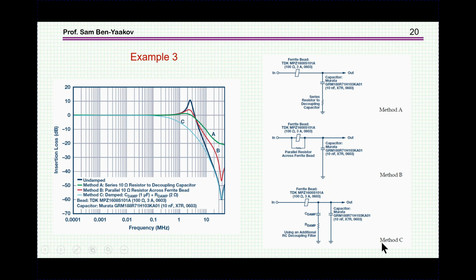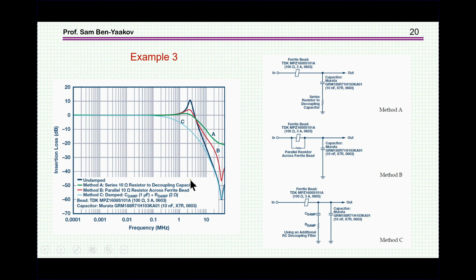And method C is again the bead and capacitor, but then we have a snubber here, where the idea is that for the DC, this is blocking the DC, and now you can put a small resistor that will absorb the AC without harming the DC or without dissipating DC power. So this is like a snubber, and these are the three situations.